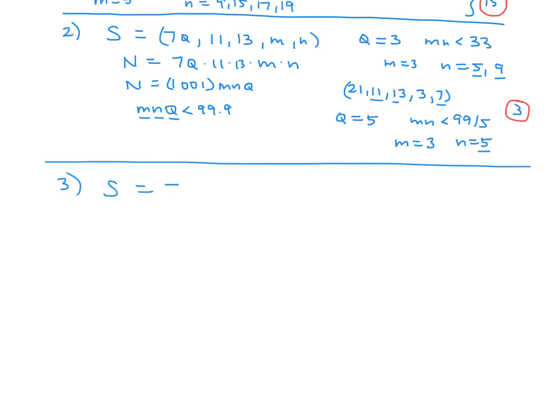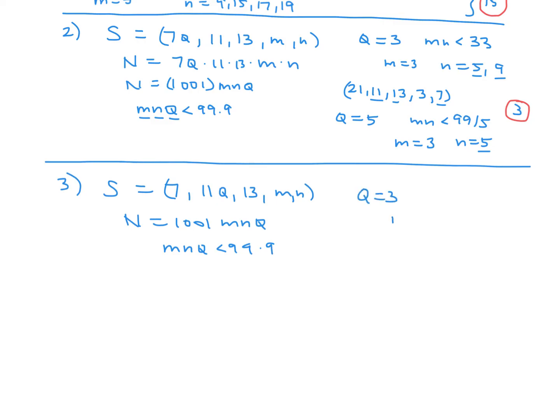So the next one is if you have 7 and then you have a multiple of 11 and then 13 in m and n. So again, it is going to be 1001 mnq by the same sort of philosophy. And this time the mnq, same thing, is less than 99.9. And let's again start with q equals 3.